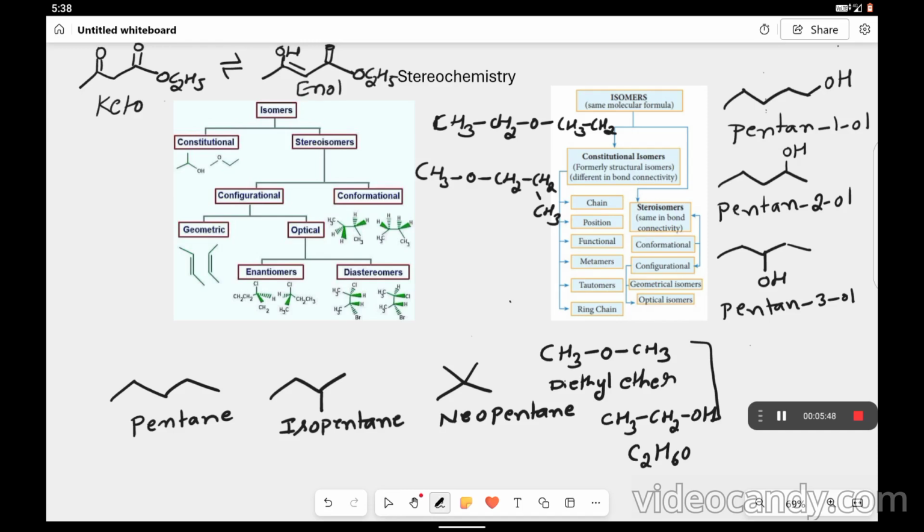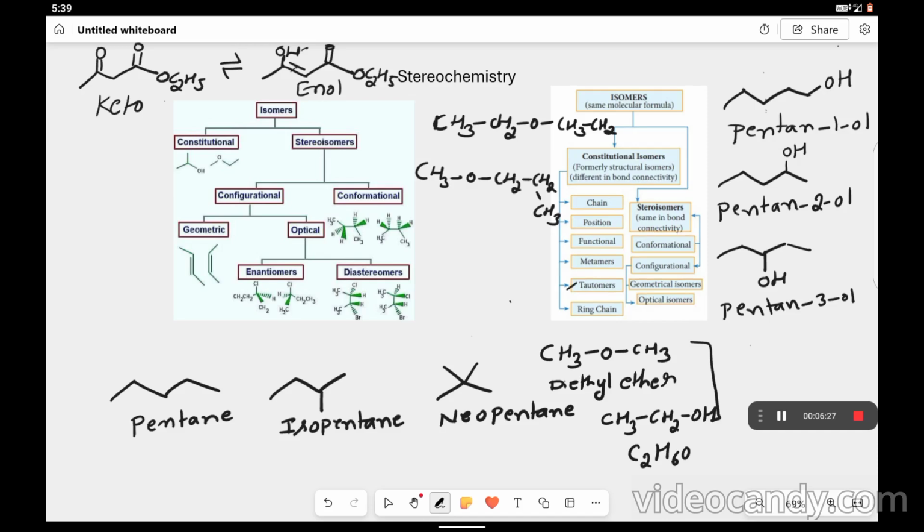In the enol form, we name it enol because of the two functional groups: one is the alcohol and the other is the double bond. That's why we call it enol. In the keto form, it exists with the ketone functional group. These two isomers exist in equilibrium, meaning interchangeable compounds. So in the equilibrium state, it exists between the two compounds. This is called tautomerism.